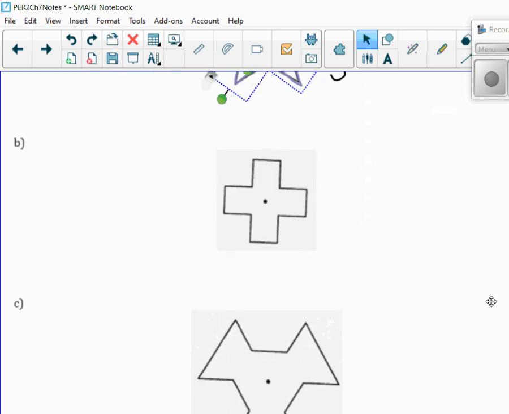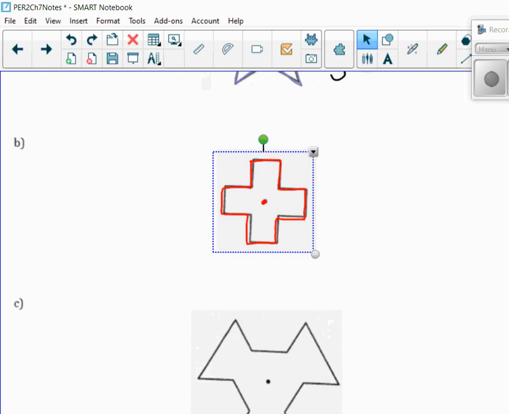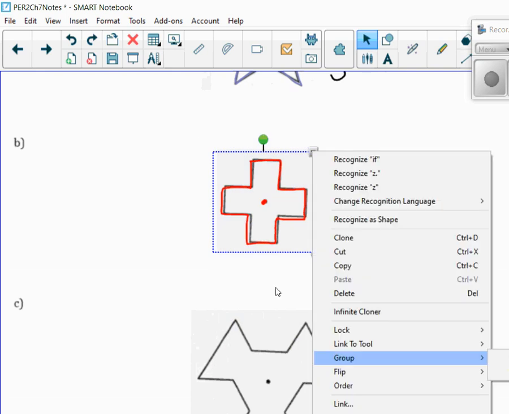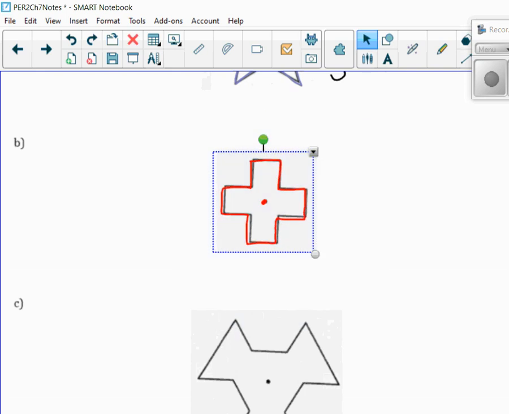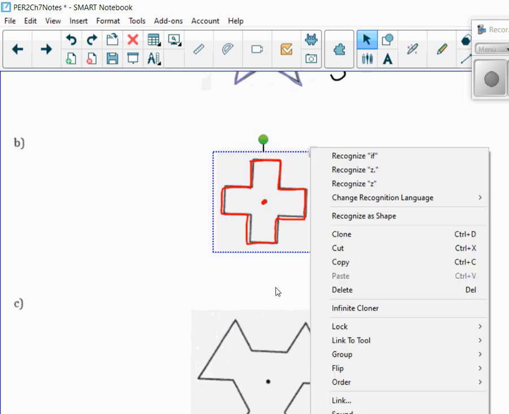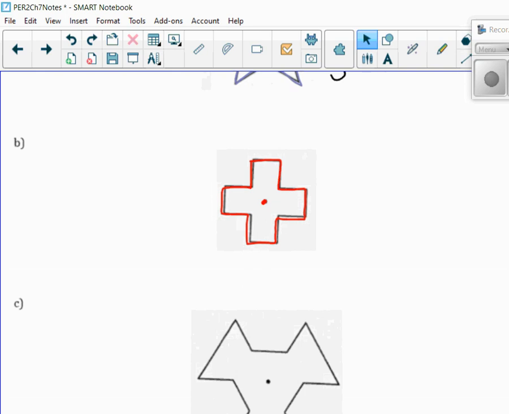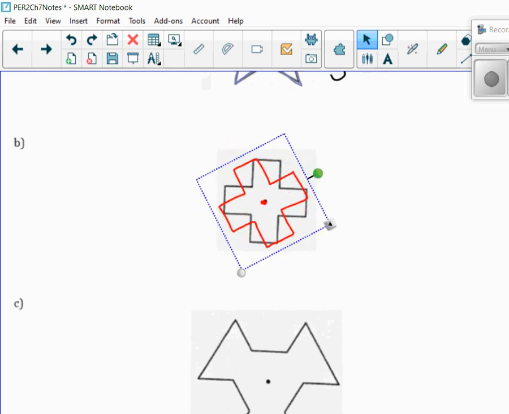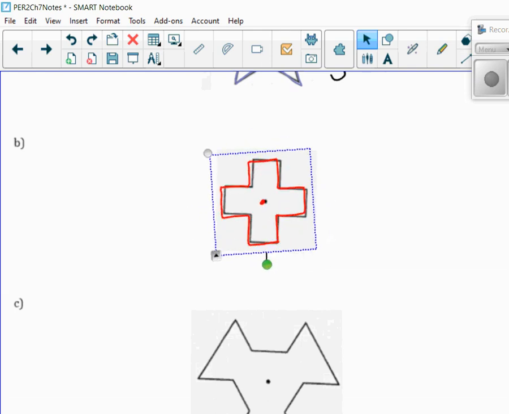Okay, so if I draw this, you don't have to. If you can see how many times it's going to rotate, you could probably just tell me right now, right? I'm just going to group this. Anyways, so now if I'm going to take this and again rotate, that's 1, 2, 3, and 4.